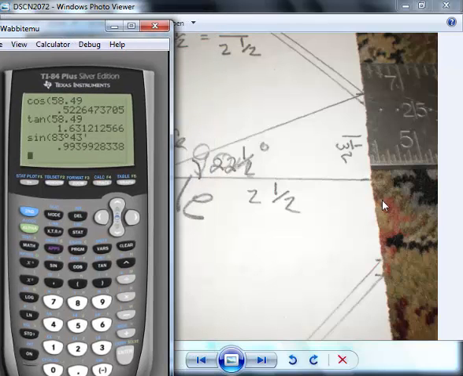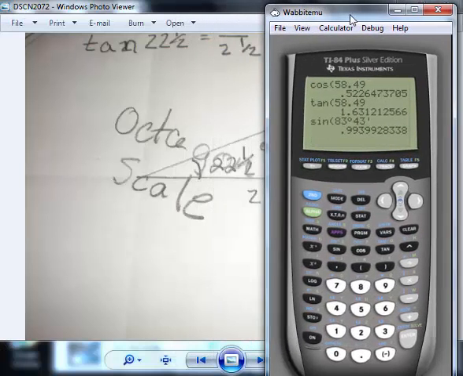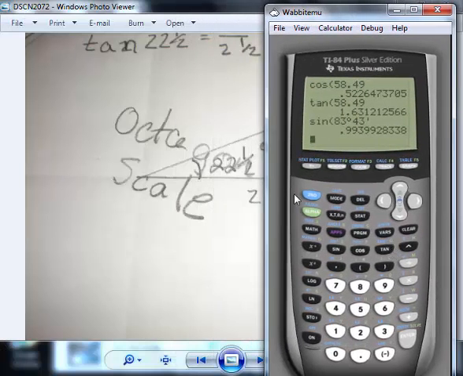that relationship, which if you notice is the opposite side compared to the adjacent side, I would press second function tangent, because when you're looking for the angle, you press second function.